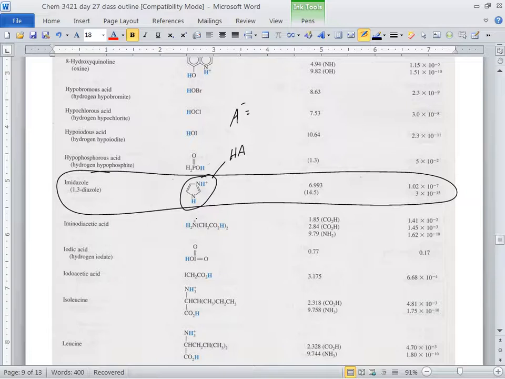To make it neutral, lose that H plus. Okay, so go ahead and write the Ka and the Kb reactions for imidazole and imidazole hydrochloride.